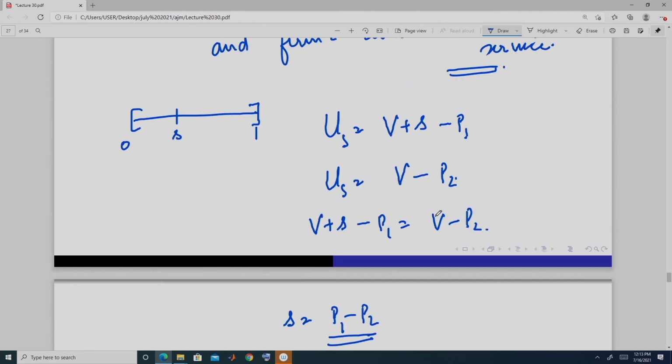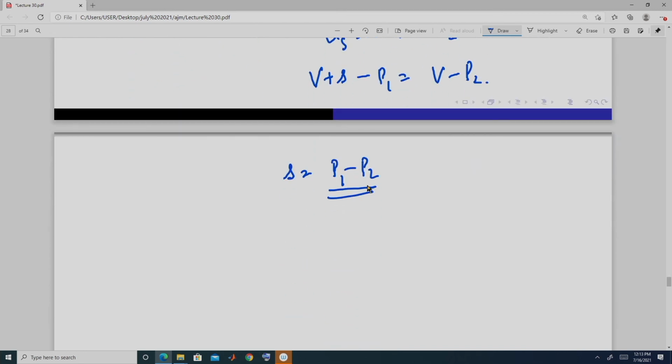And here, all these persons whose valuation is more than S, and all these persons whose valuation is less than S. In this case, suppose this S is interior, so we assume this.